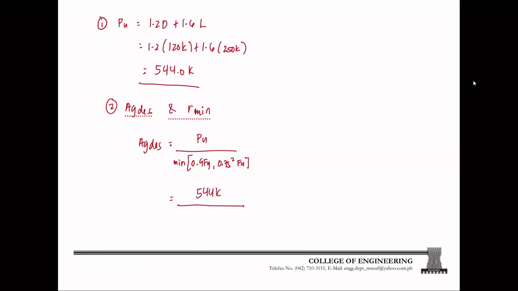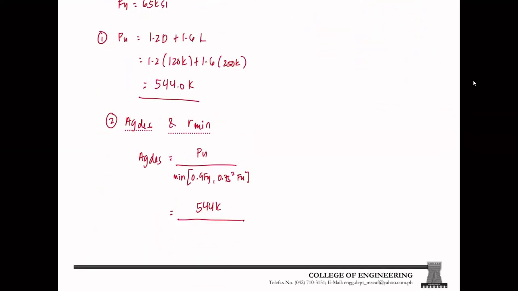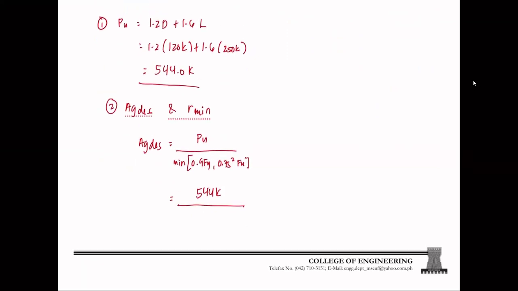Checking 0.9 Fy: 0.9 times 50 minus 0.75 times 65 is a positive number, which means the second choice is the smaller one.